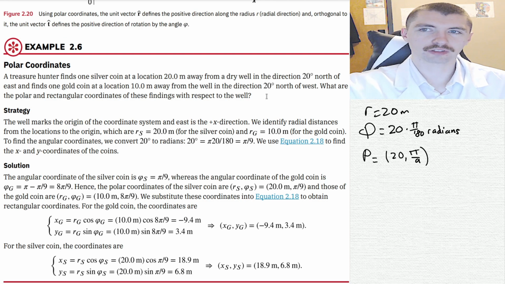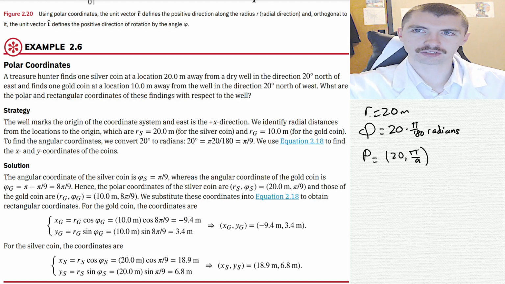All right, so I didn't read the other part. Yeah, this just makes sense when the book does this. The treasure hunter finds 20 degrees northeast.